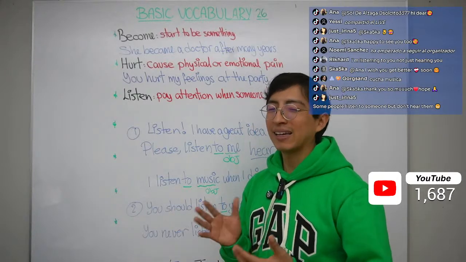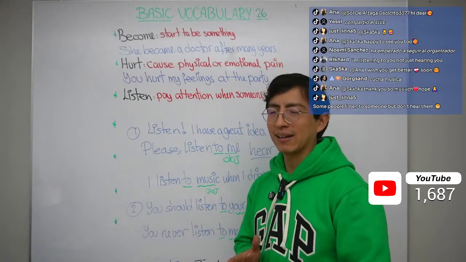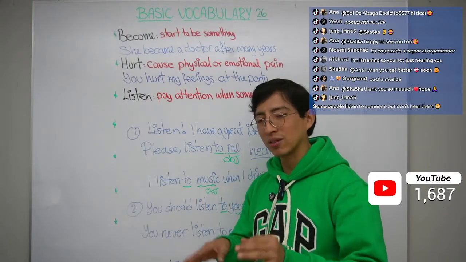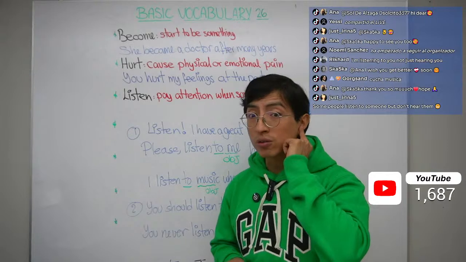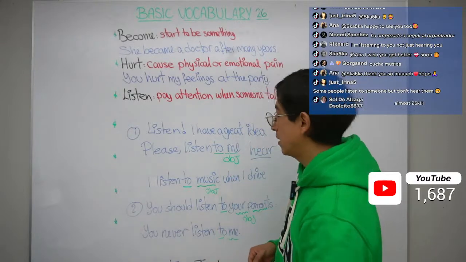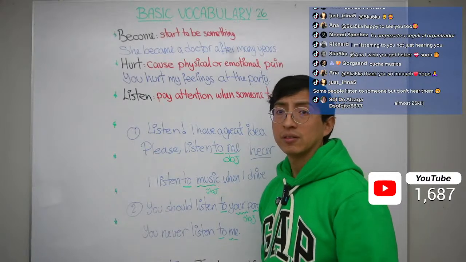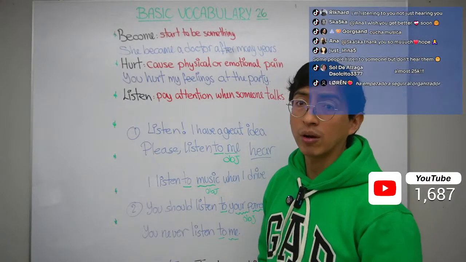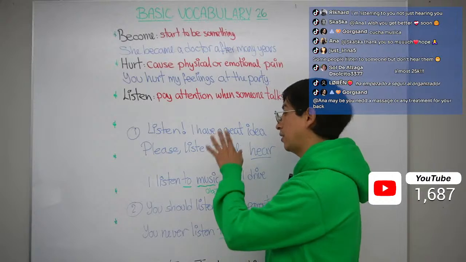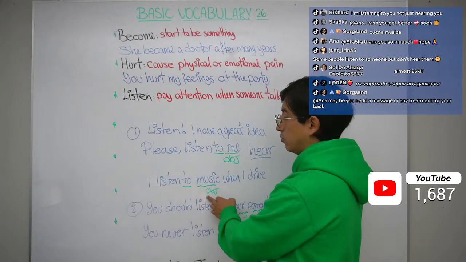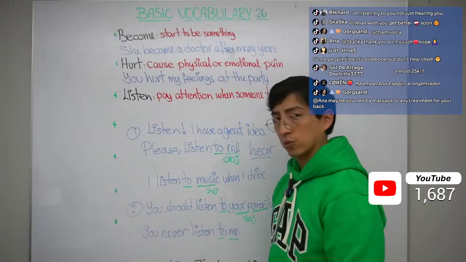Es una queja bastante común en parejas, entre hijos. No es que esté sordo, sencillamente no me prestas atención o no me obedeces. Esta es la forma en cómo utilizas listen. Y recuerda, siempre que tengas un objeto, tienes que ponerle to.